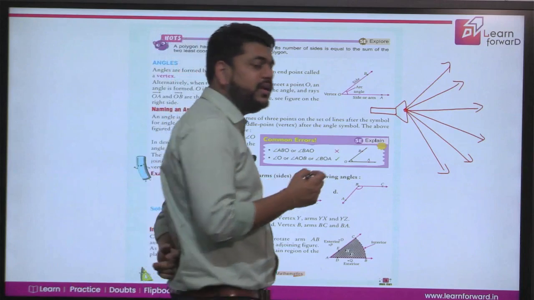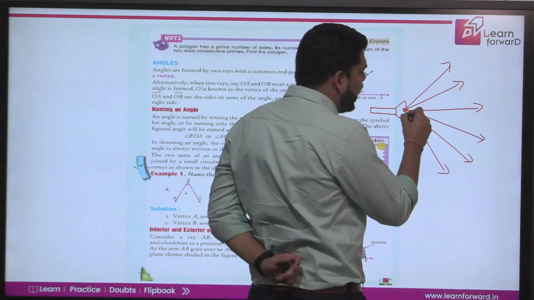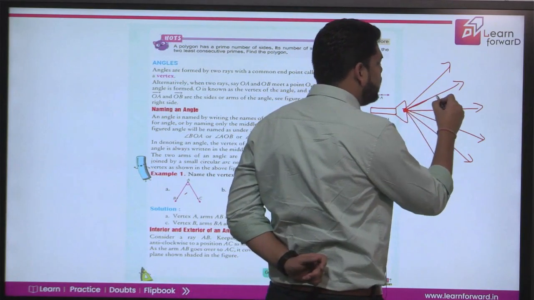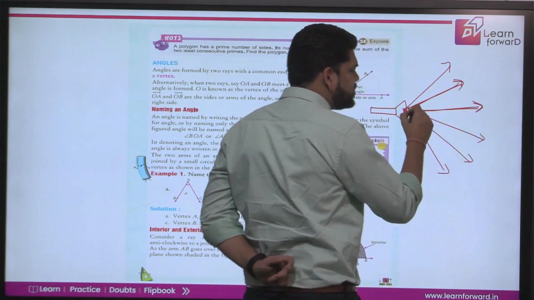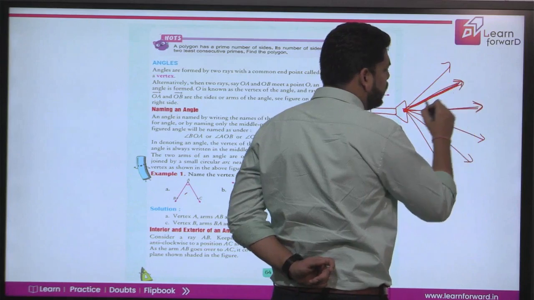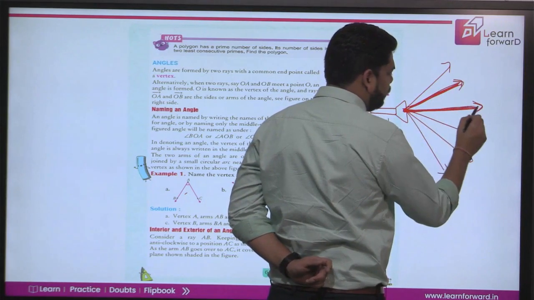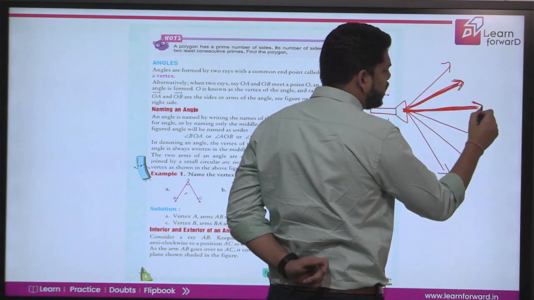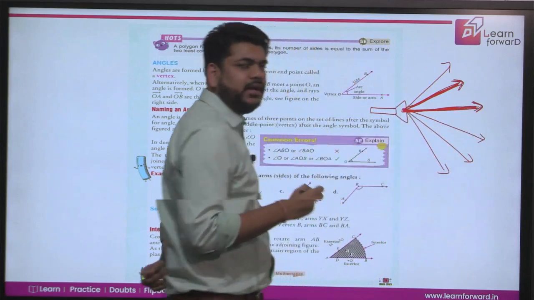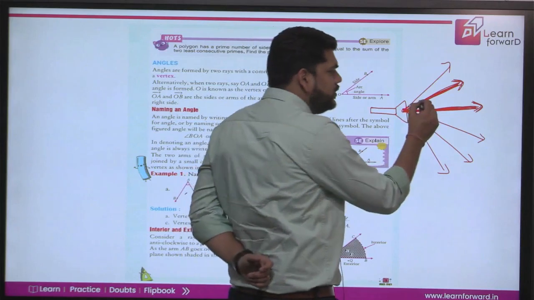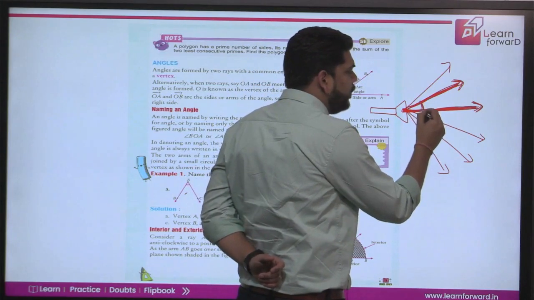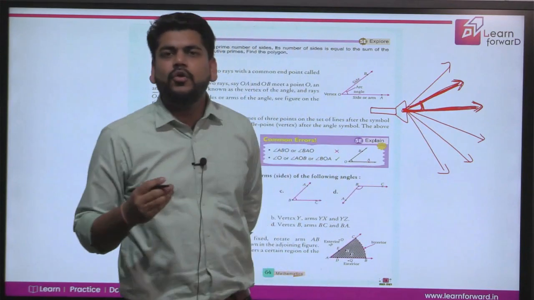Now how do we define the angle? When two lines are coming out from a single point, I am taking these two lines. This point we call a vertex. This is the angle. Have you seen a crocodile face?